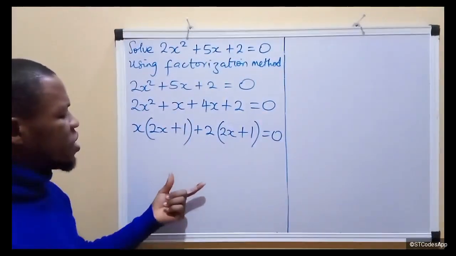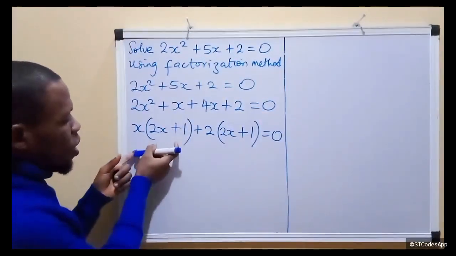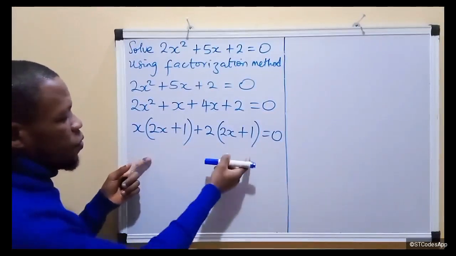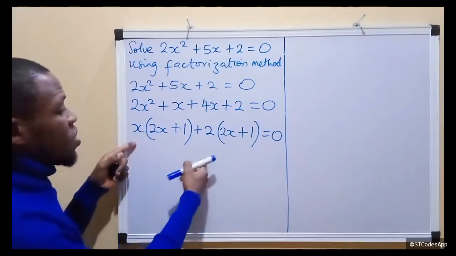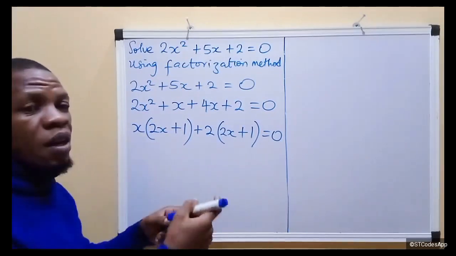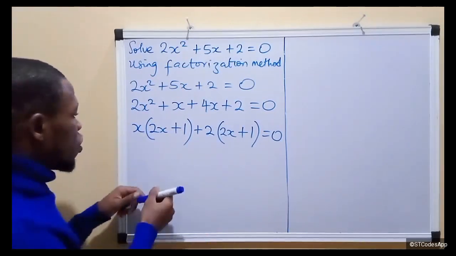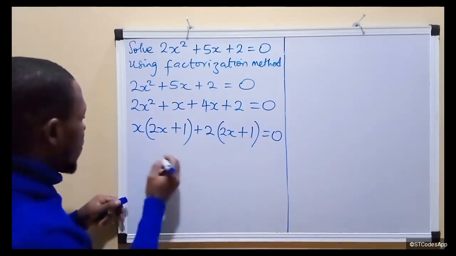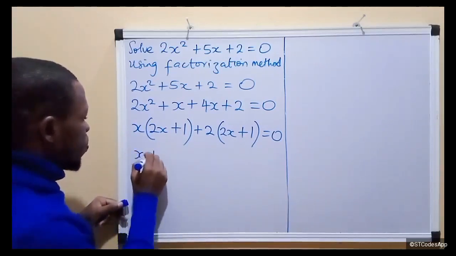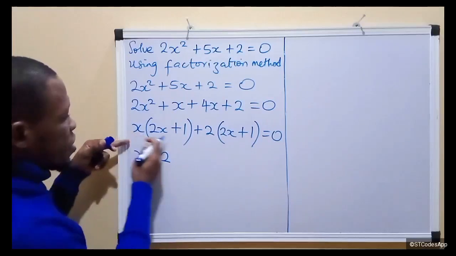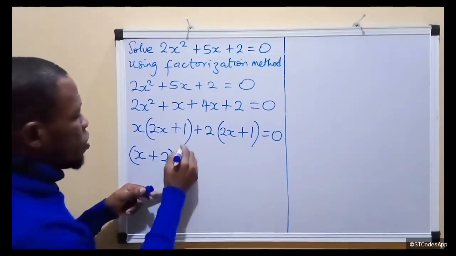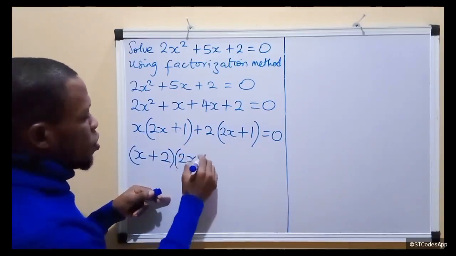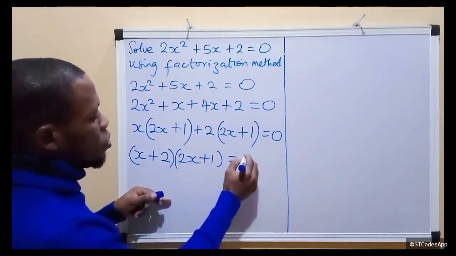So what we're going to do next is to pick one of these factors, since they are the same, and then merge what we have outside the brackets to form another factor. So we're going to have x plus 2, that is this x plus 2, and then we pick any of these, 2x plus 1, equal to 0.